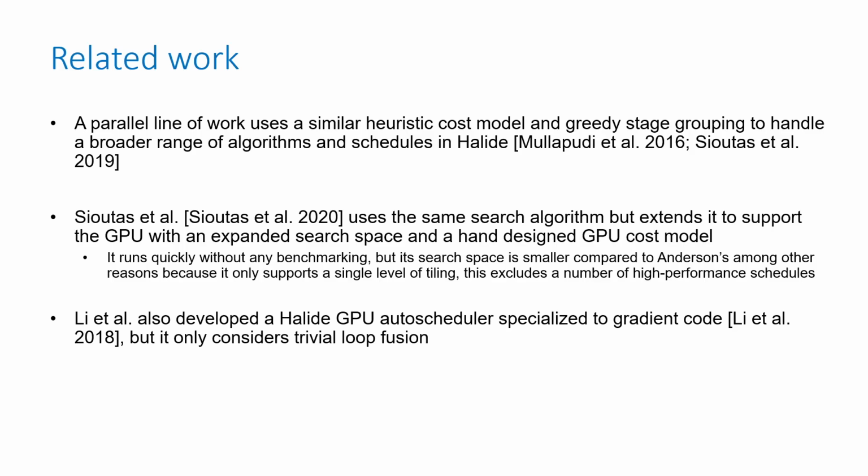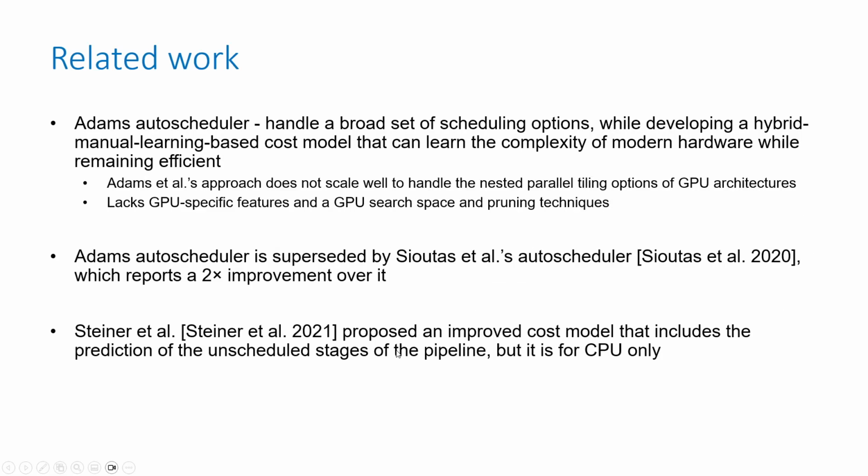And also they are limited in the scheduling primitives that they use in their search space as well. Li 2018 is another GPU autoscheduler specialized for gradient code, but it only considers trivial loop fusion.